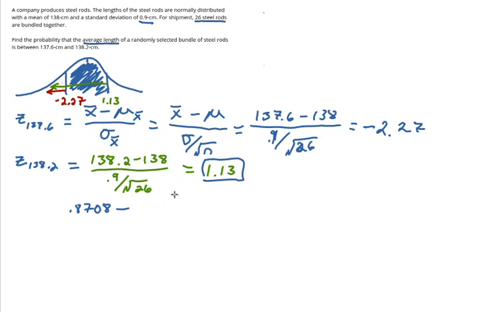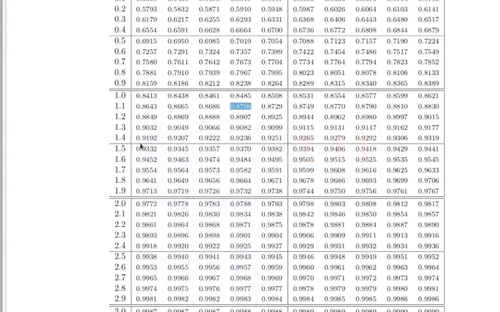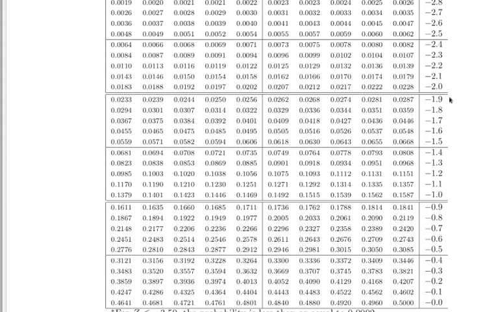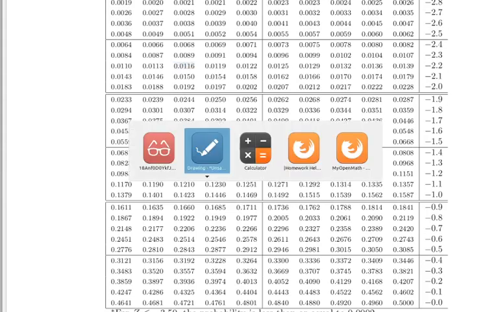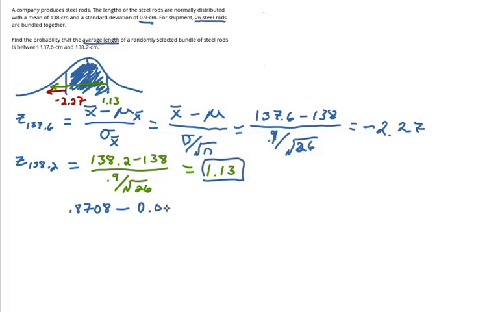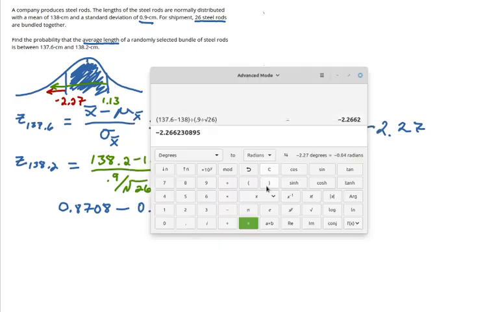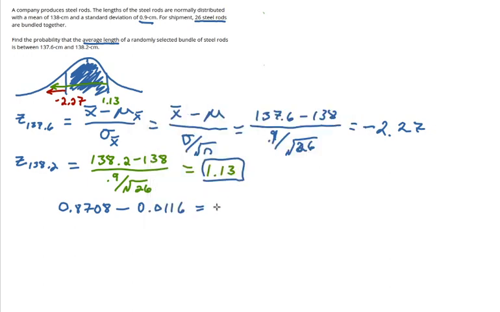Now let's look up negative 2.27, and we're going to subtract that area off. Negative 2.27 is 0.0116. Okay, and if I subtract those, I get 0.8592.